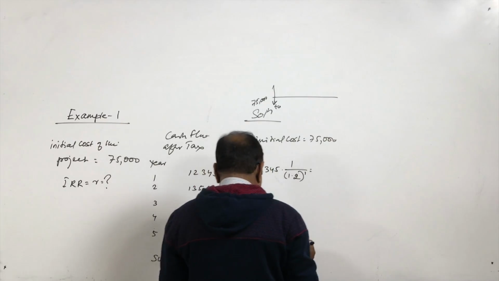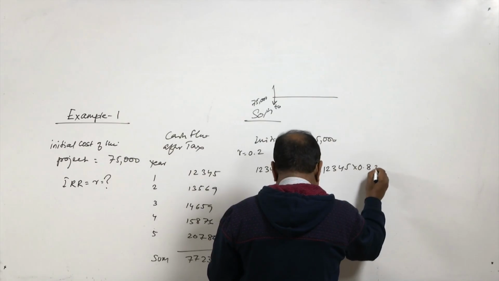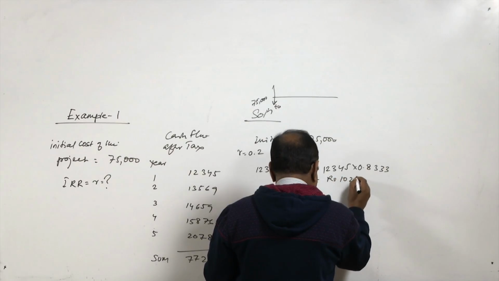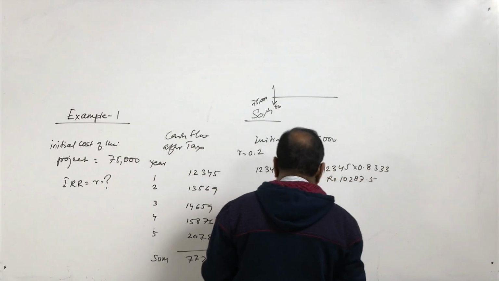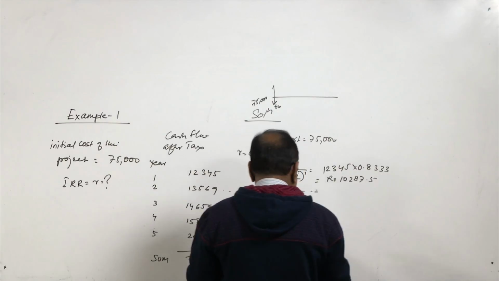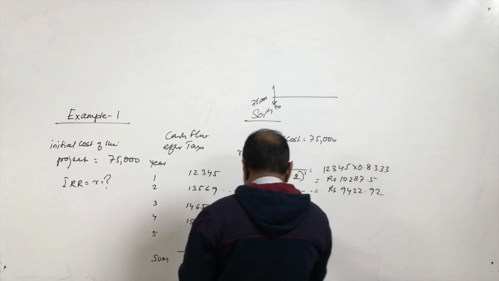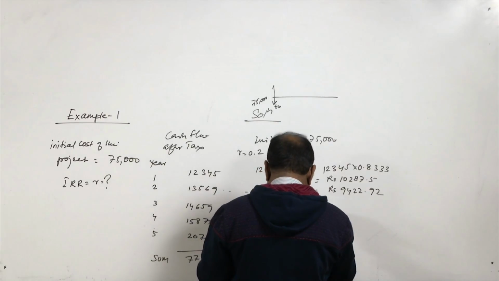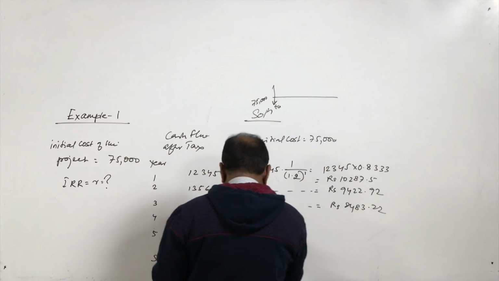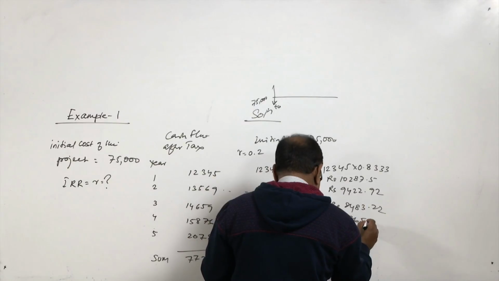This comes out to be the cash flow into 0.8333, which is rupees 10287.5. Now similarly for R equal to 0.2, if I calculate the others, this comes to be rupees 9422.92, this comes to be rupees 8483.22, this comes to be rupees 7656.25, and this comes as rupees 8353.43.